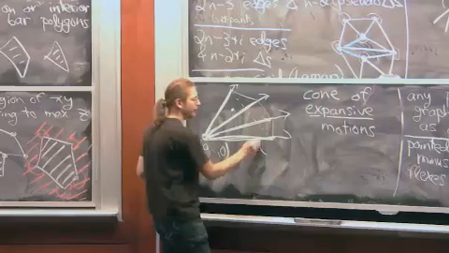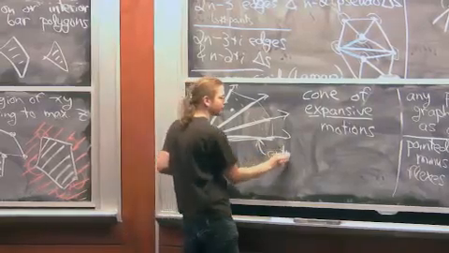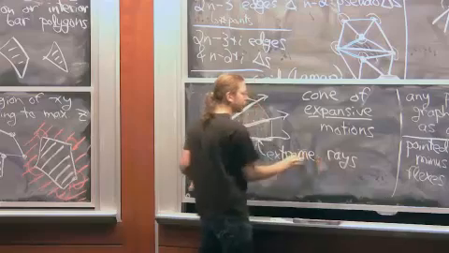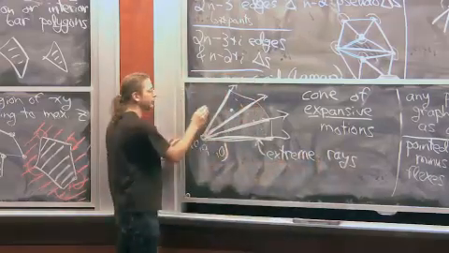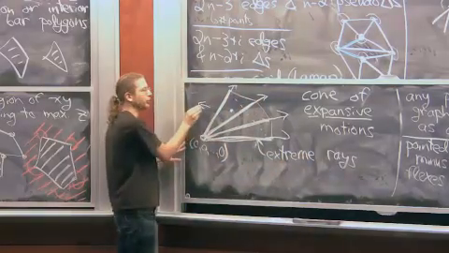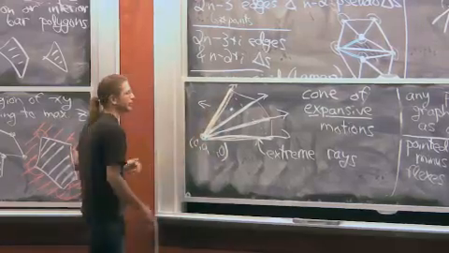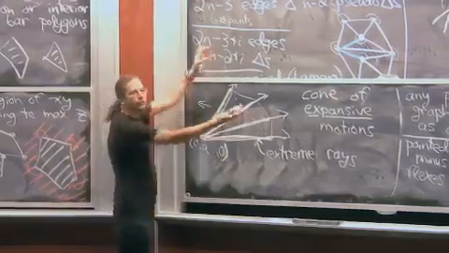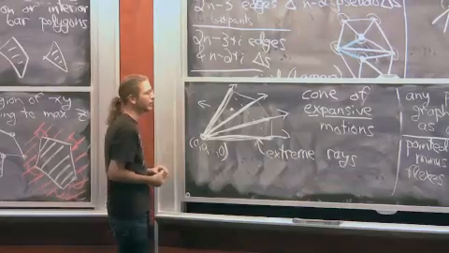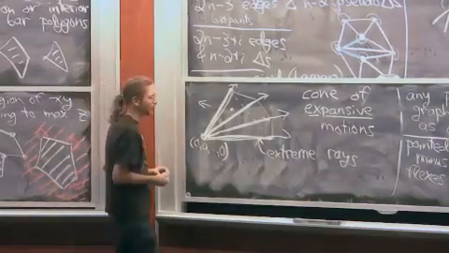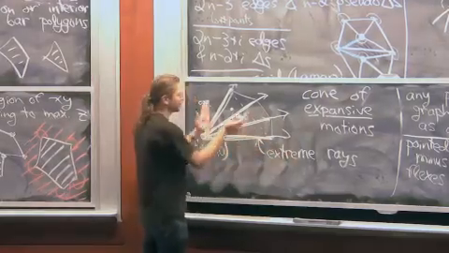These things are called extreme rays, meaning they're extreme in a particular direction. Like if I want the motion that is the most this way, then it will be this ray. They're kind of the corners of this polyhedron, the edges of the polyhedron, if you will. Although in higher dimensions, it is edges, but they're called extreme rays in the case of a cone.